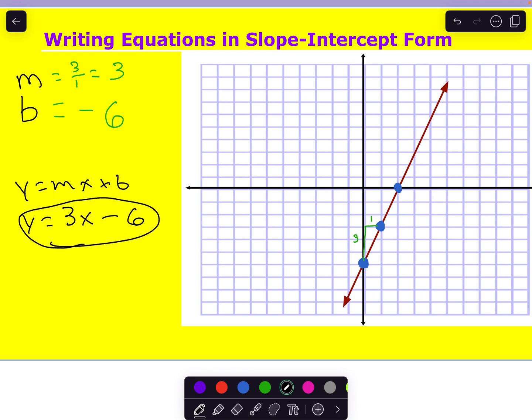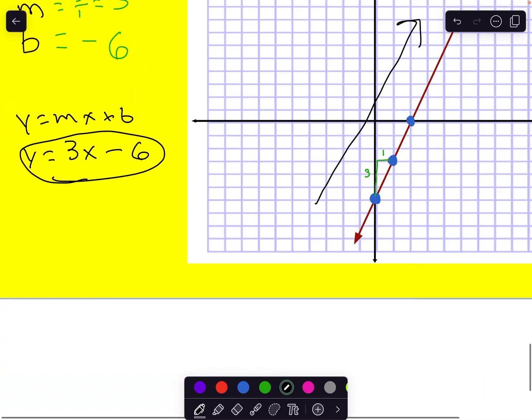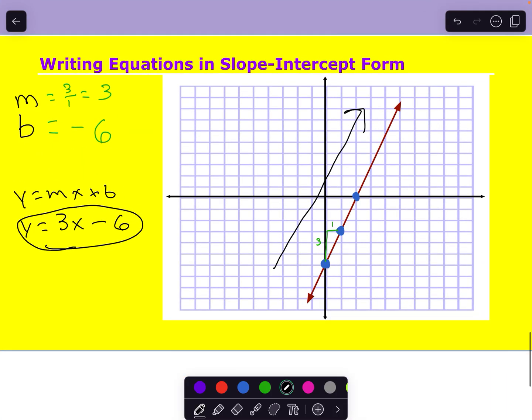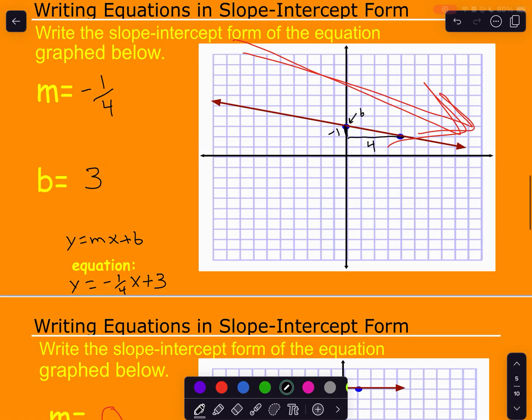Okay, so this looks right. This is a positive slope. I've got a positive 3 as my slope. It's crossing at negative 6. That's the minus 6. So everything matches up. All right, looks good. Nice. Okay, see you guys later.